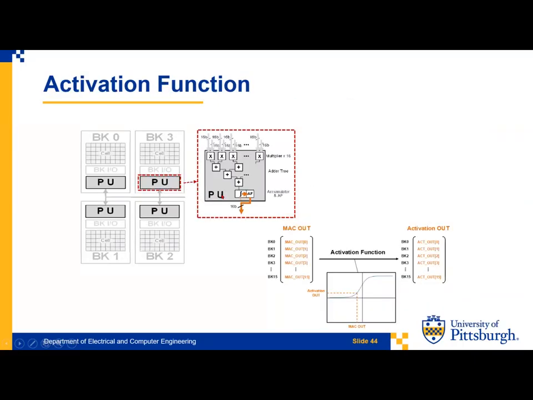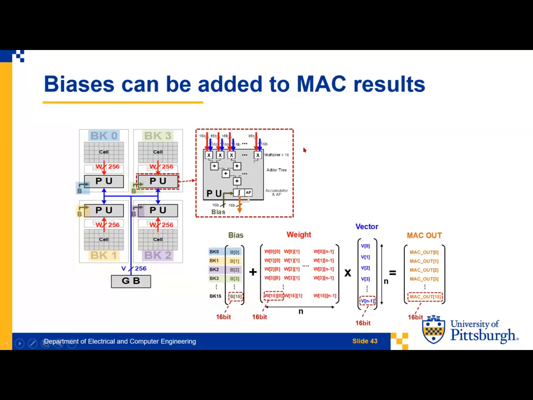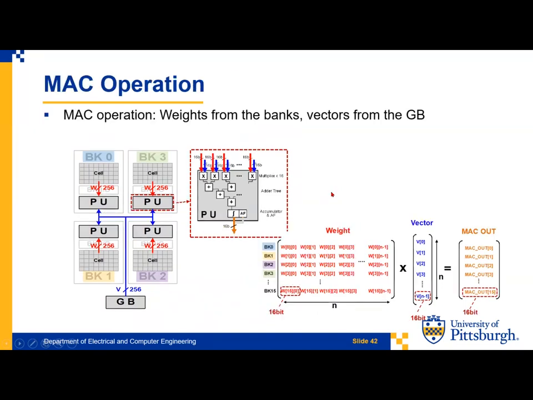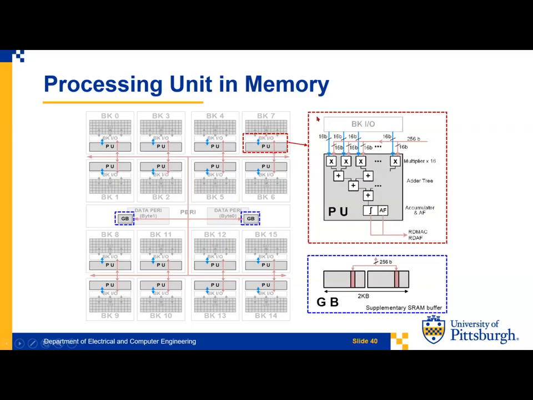So the previous slides show the digital version of processing in memory. The concept is just to add a processing unit inside the memory, and you don't need to move the data out.